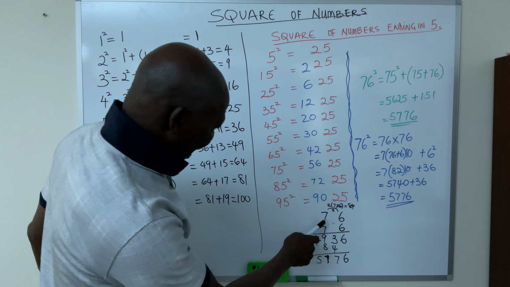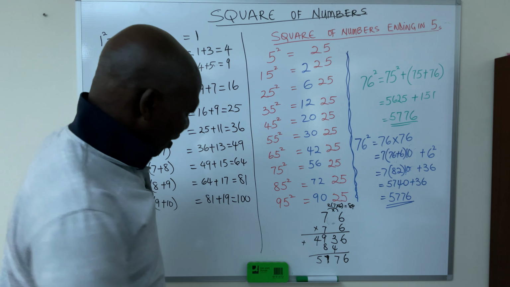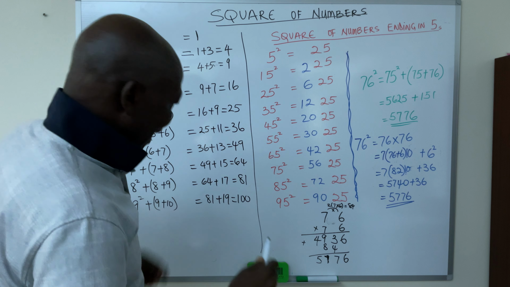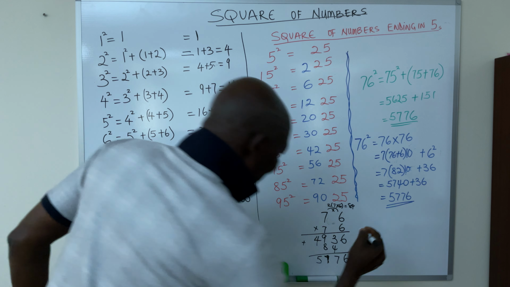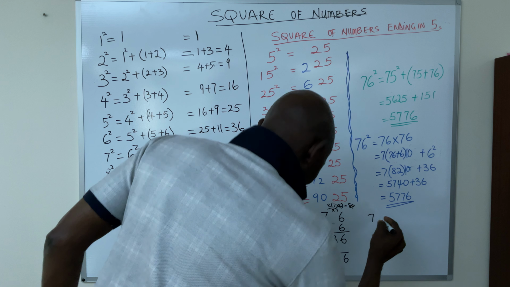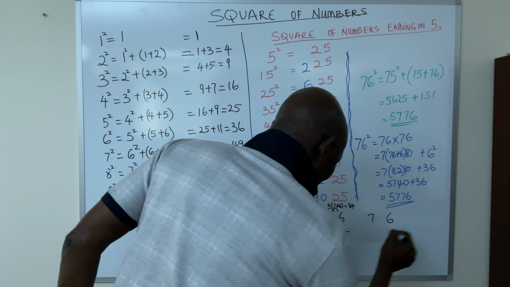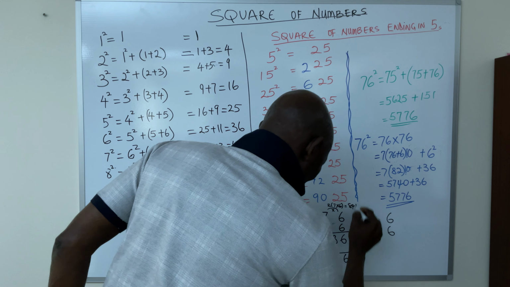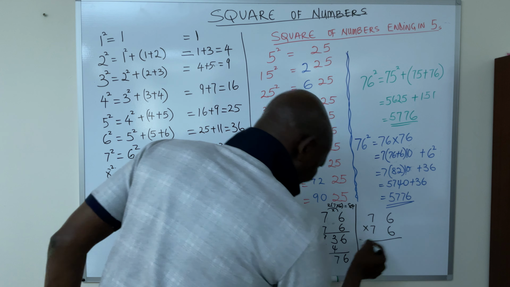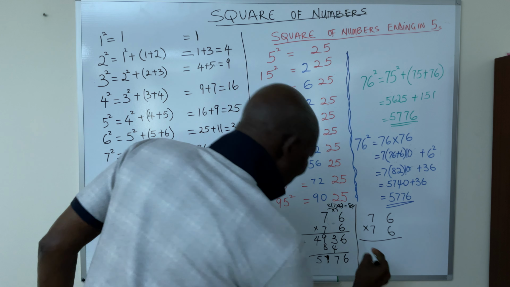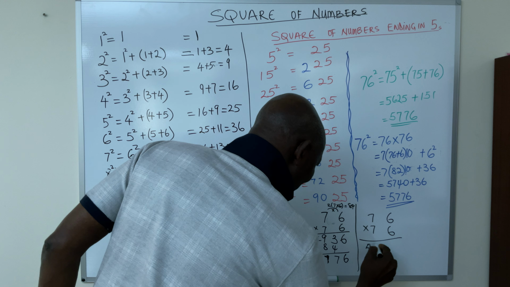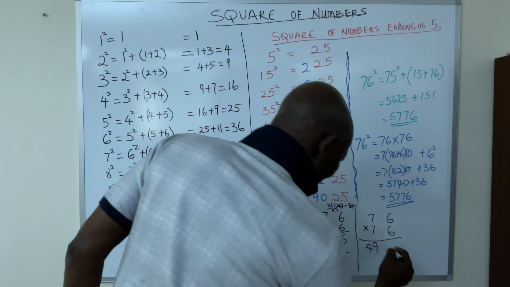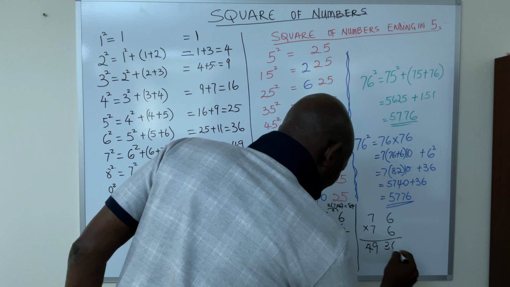Looking at what we have here below, let me repeat that here clearly. 76 times 76. 7 times 7, that is 49. 6 times 6, that is 36.